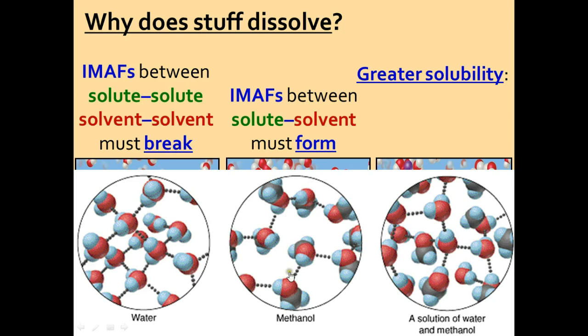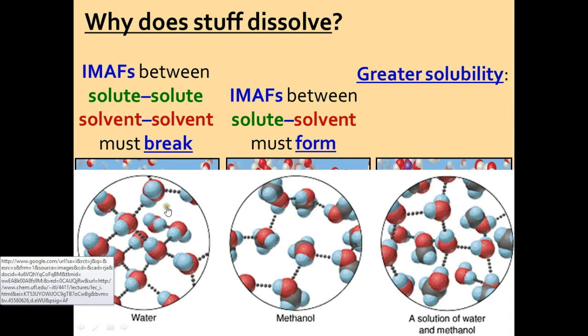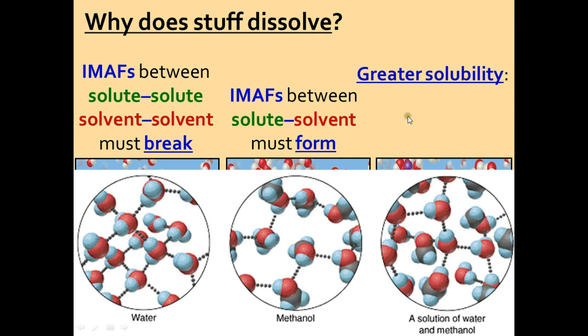These IMAFs break within just methanol and within just water, and then they share IMAFs and form bigger ones. Something will dissolve more if they have stronger IMAFs between solute and solvent. So if they like to break up their own IMAFs and form IMAFs with the solvent or solute, that means they'll dissolve better.